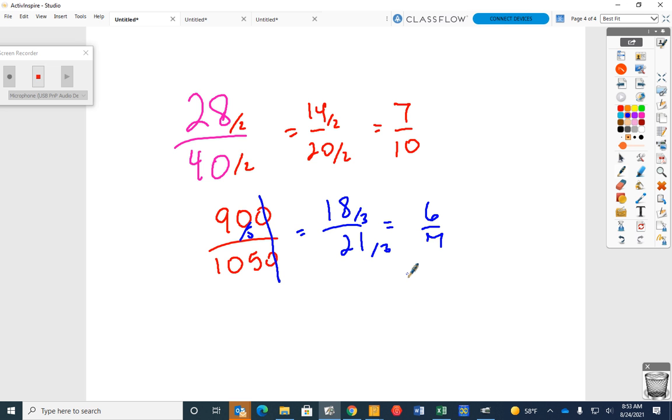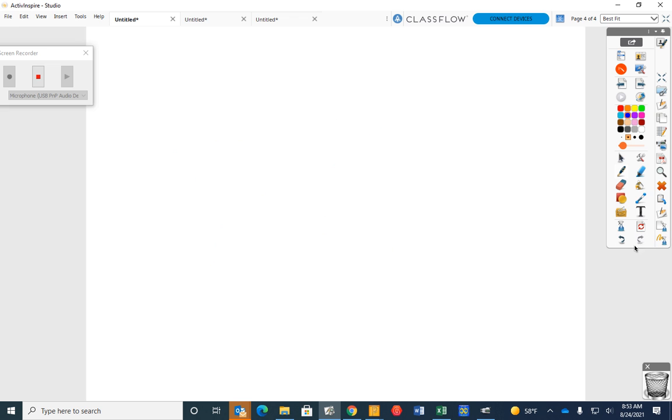Are you good so far? Do we need to do any more on reducing? No? Okay. So now, as we move into something different, let's say somebody gives me a fraction. Reed, give me a fraction. A big one. 2 digits. 67 over 95.